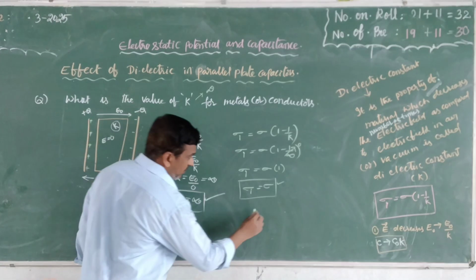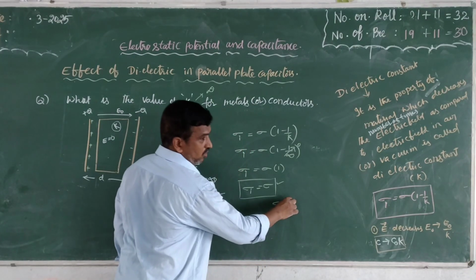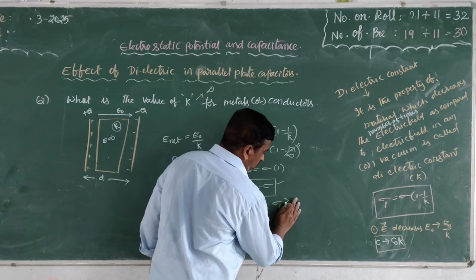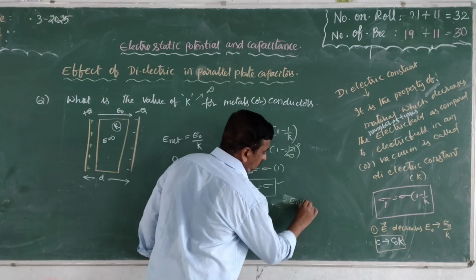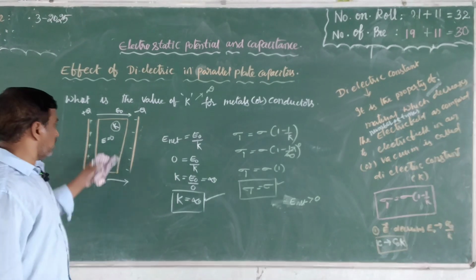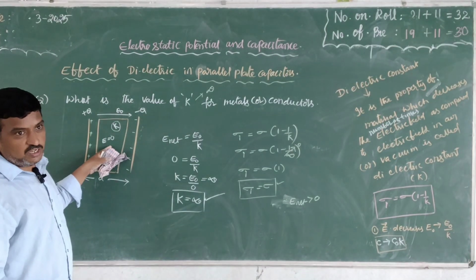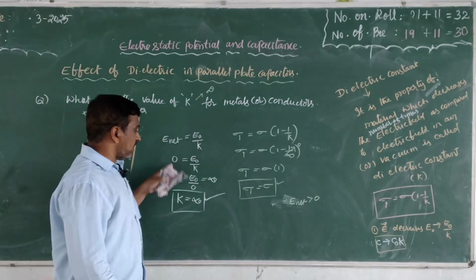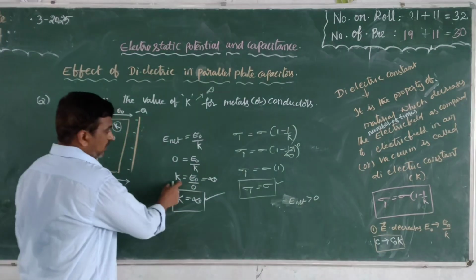In the same way, when sigma I over epsilon naught is greater than 0, we can write that E net is greater than 0, meaning not equal to 0. The individual electric field is 0 here. For the net electric field, K equals E naught by 0, so we get K value infinity.